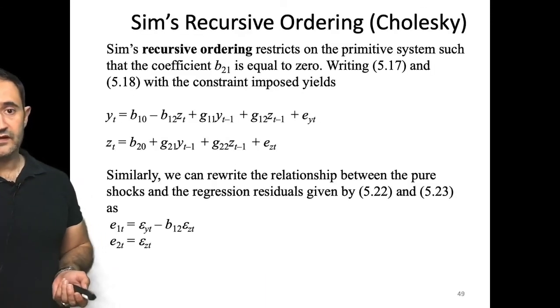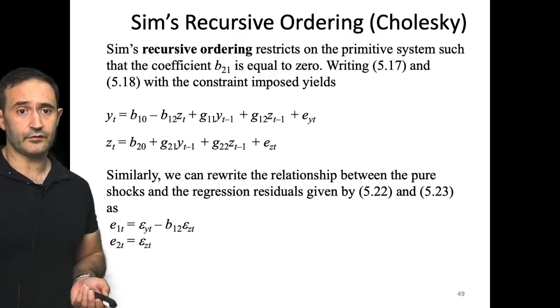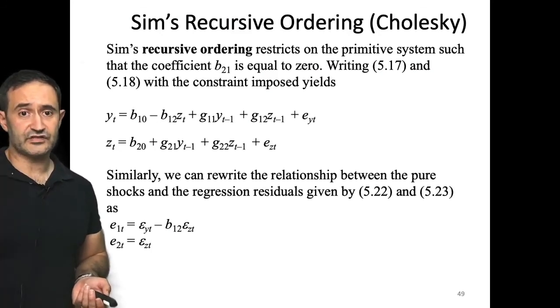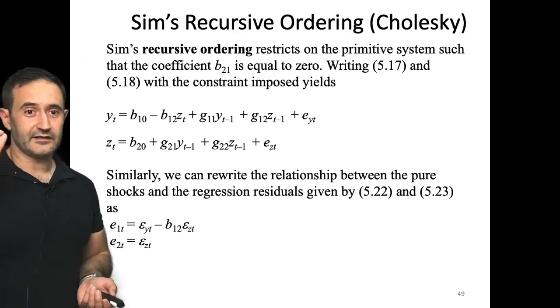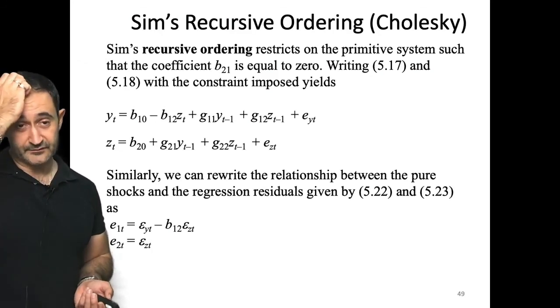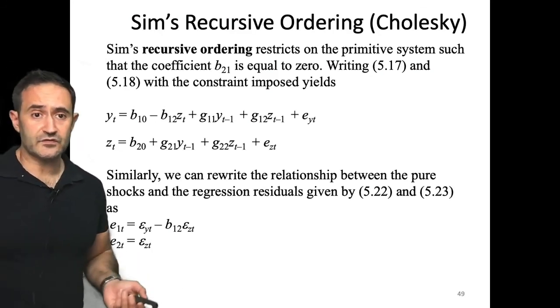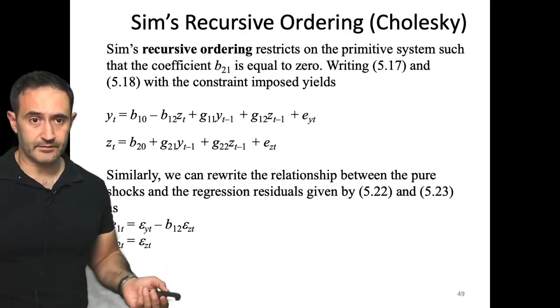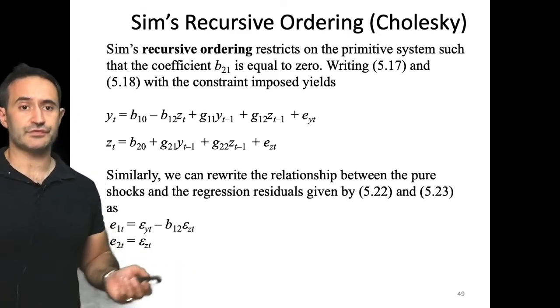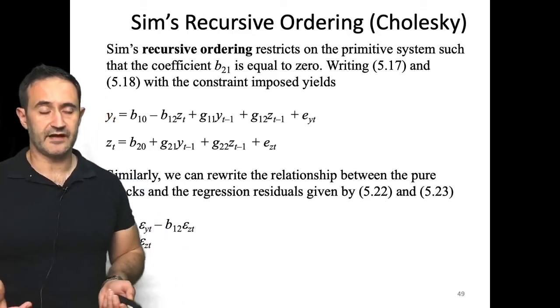Identification, well, one way is what I have shown you, which is recursive modeling. So you first put one variable and then you put the other one and assume that the relationship goes from one to the other on the contemporaneous time, but not the other way around, otherwise it cannot be identified. Okay, how do you choose which one goes first? That's the problem. Normally we have to use some model for this type of identification.